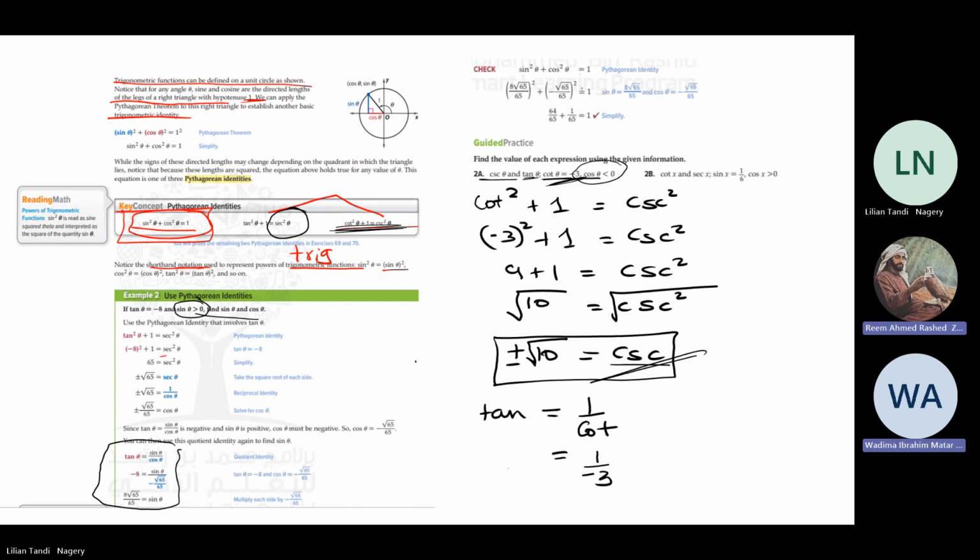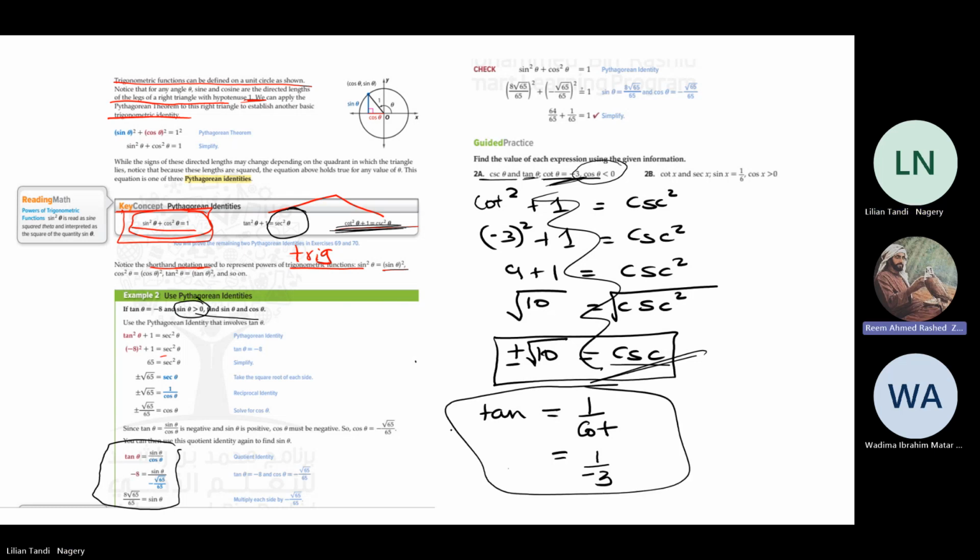But in ChatGPT he used tan theta equals sine over cosine. He first found sine, and then he found cosine, and then he did all this. But our answer is still correct. Yes. Okay. We went the short way. Why did we do all this? We could have just done this.